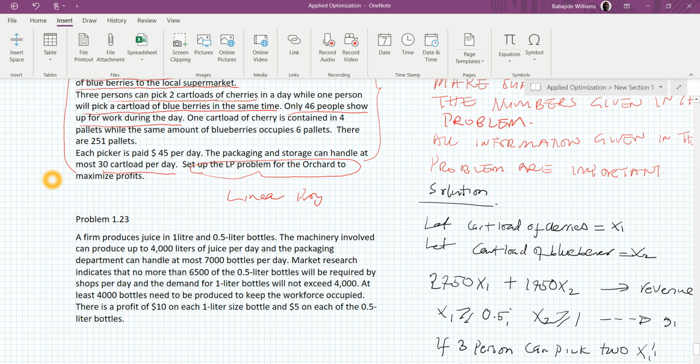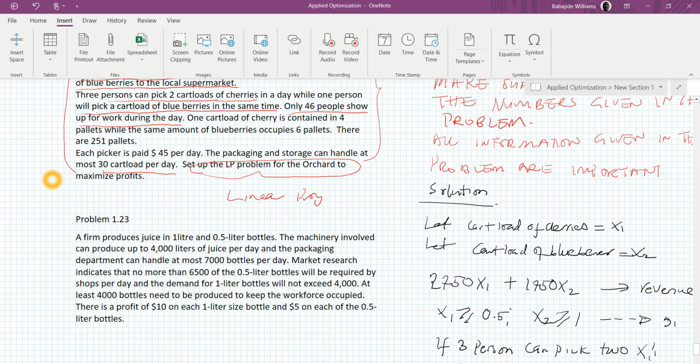That is some kind of cost, because now I'm giving money out, right? That's a cost, so something needs to be done to my profit. After the day's profit, I must pay the workers, and each one of them must take $45 per day.